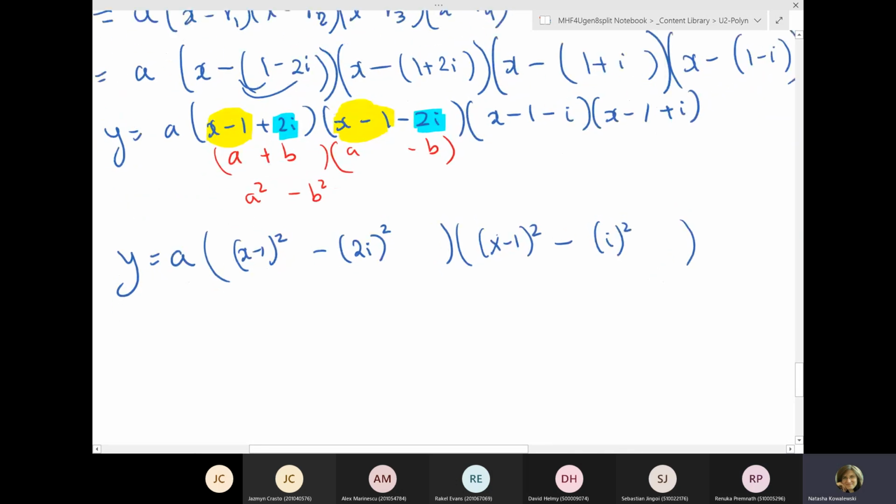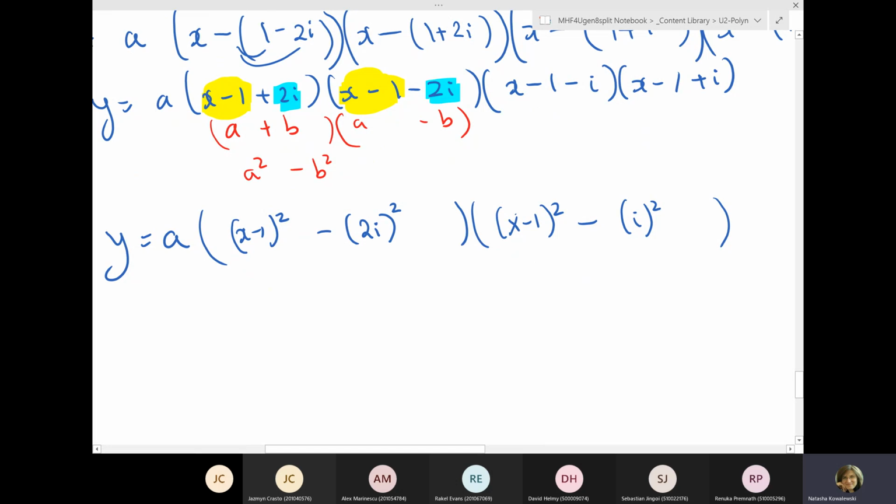Okay, so now we're going to clean things up. Please remember that i squared actually was equal to something. Renuka, do you happen to remember? It was -1. So this would be minus a -1 here. And this will be x squared minus 2x plus 1. Is this okay, or is that too fast when I expanded this one to this?